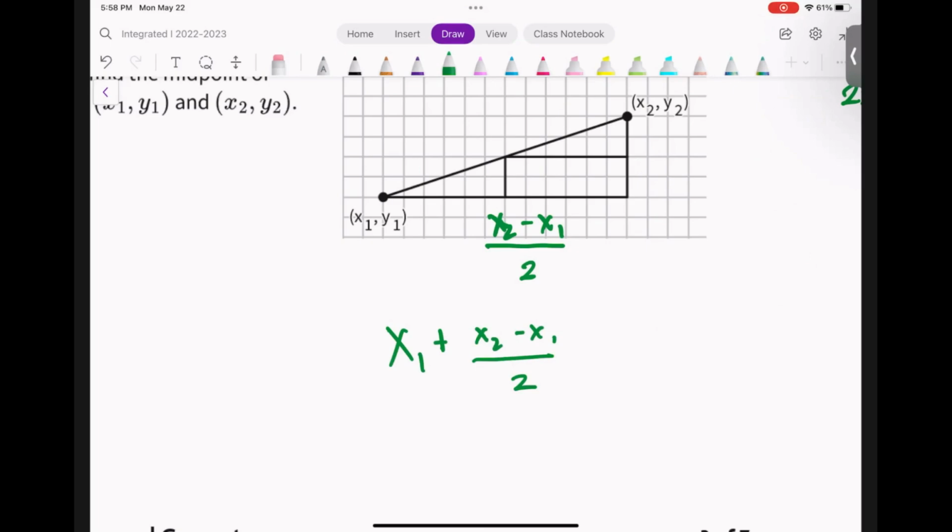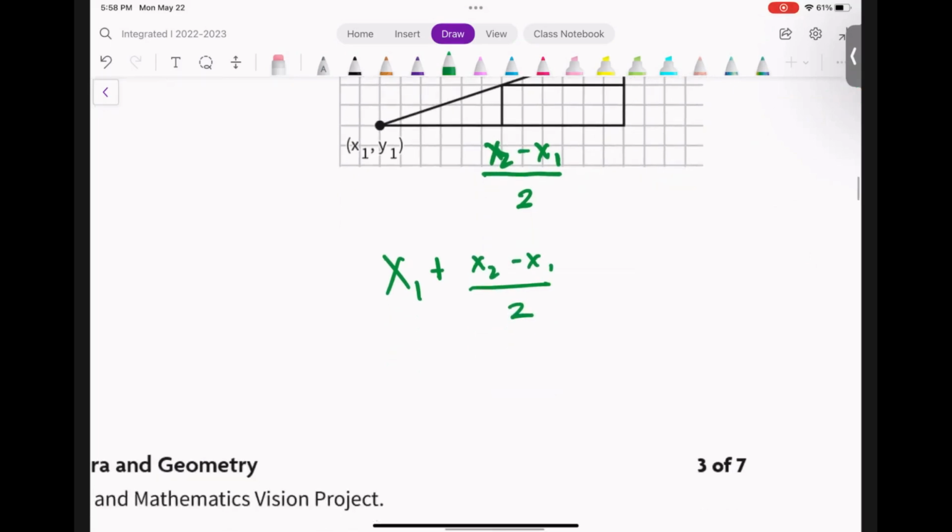Now, if you add these together, this is quite a messy formula. So then you would have the common denominator. So I'd multiply it by 2 over 2. So then it looks like this. It's 2x1 plus x2 minus x1. Well, you can simplify that to just x1. 2x1 minus x1 is just x1.